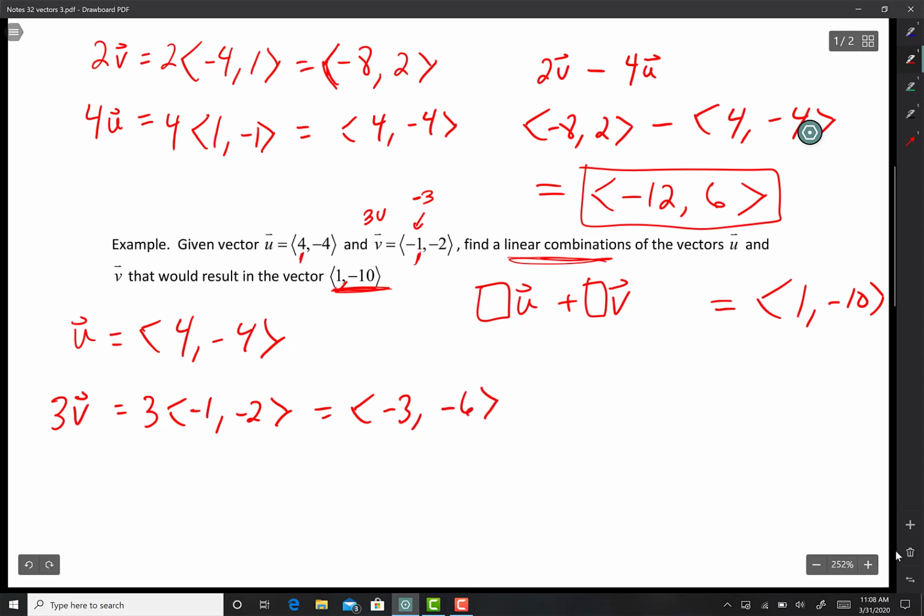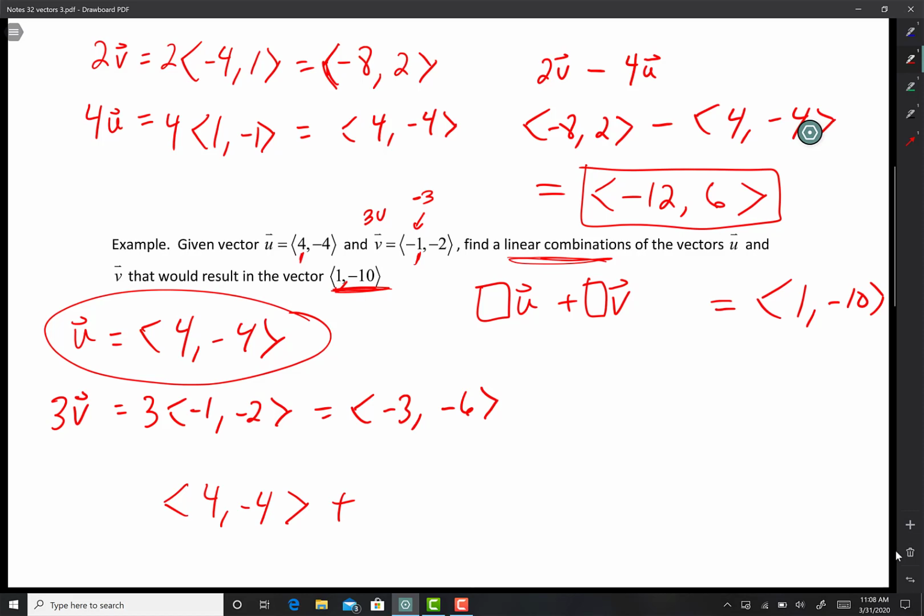So if I take vector u, 4 comma negative 4, and I add 3v, you'll get this vector, negative 3 comma negative 6. And if I add these, well, look, x component, 4 plus a negative 3 is 1.